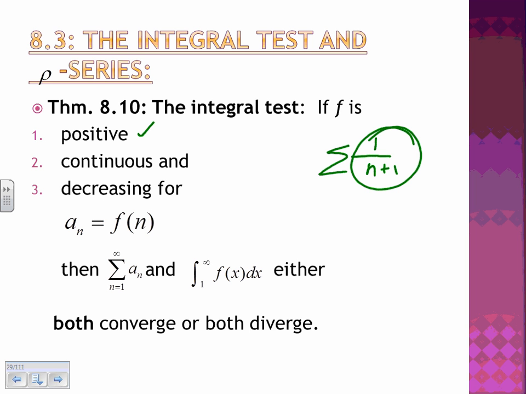So if I started at 1 and went to infinity, no matter what I plugged into that n, what would it always be? Positive. So you could tell me, in this case, for all n, what would make it a negative? For all n greater than -1, right?